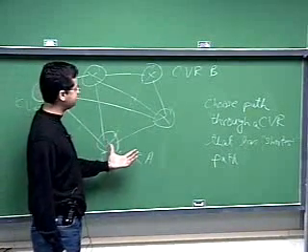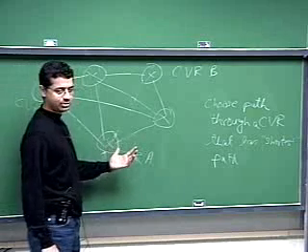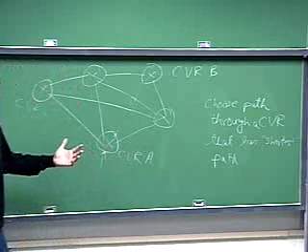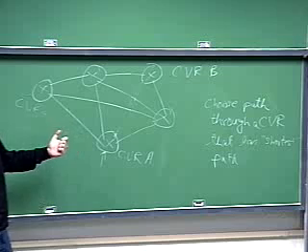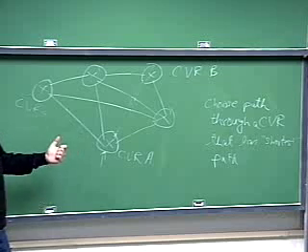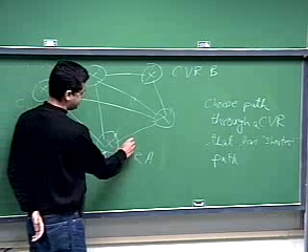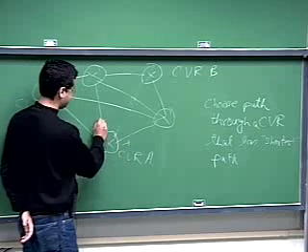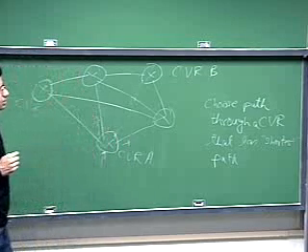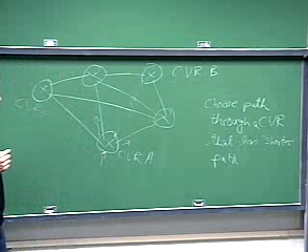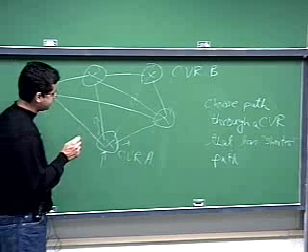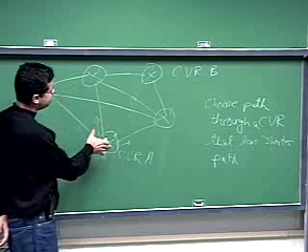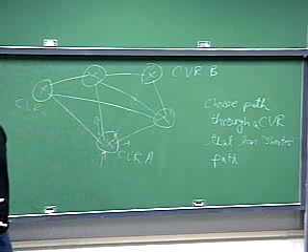So in this scenario, which CVR would you choose? You could choose this one or this one. So depending on which is the shortest path.